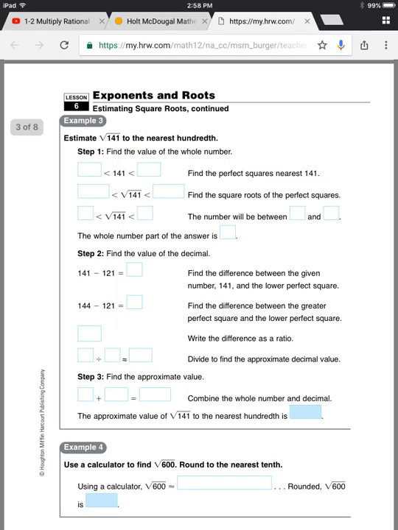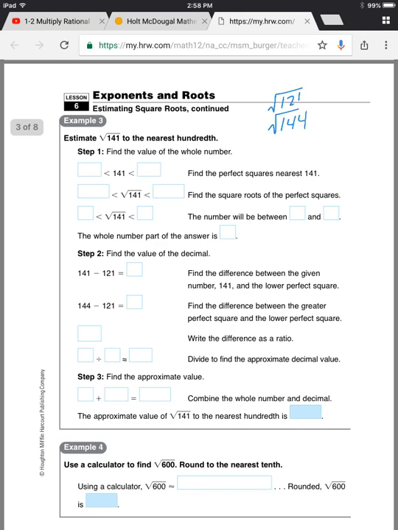Alright, now we're estimating because we love to estimate. Estimate the square root of 141 to the nearest hundredth. Okay, 141, if you wrote down those square roots, 141 is between the square root of 121 and the square root of 144.